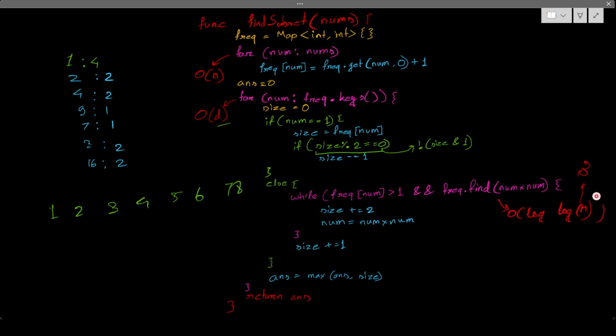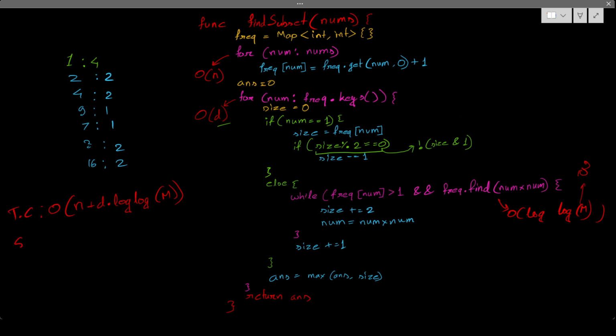Or you can say m is the maximum number of this array as well. So the time complexity will be big O of n first, then d times log of m, where m is the maximum number present. This is the time complexity.